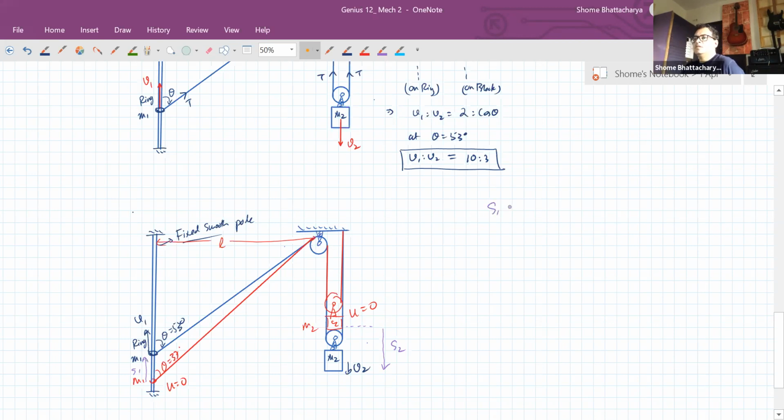So we can see S1 will be equal to L into, so this vertical side, sorry, L into cot theta. So it will be cot 37 minus cot 53.